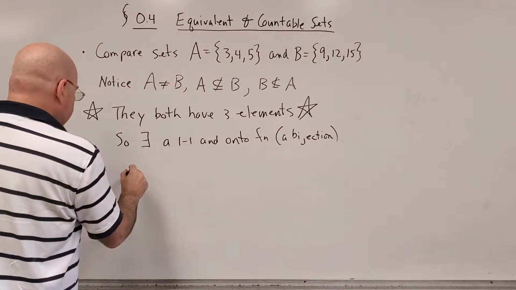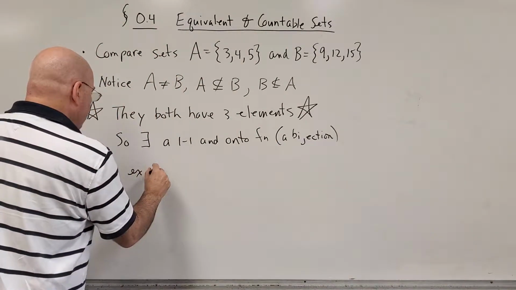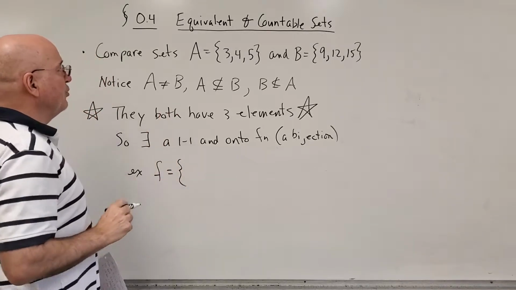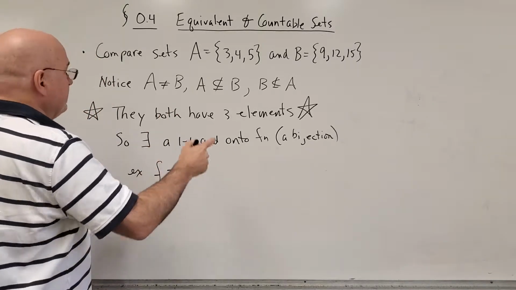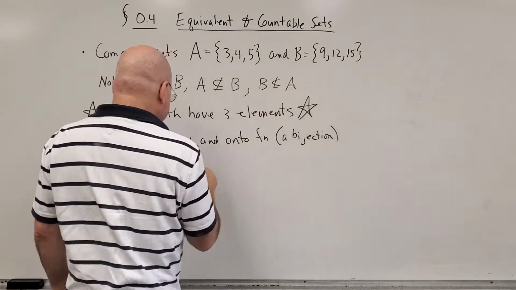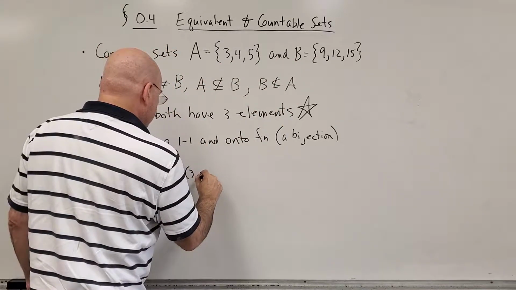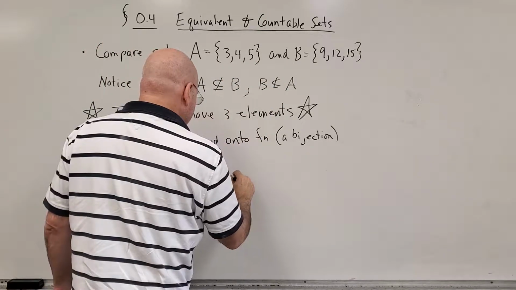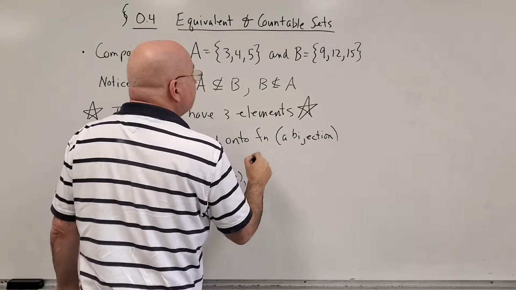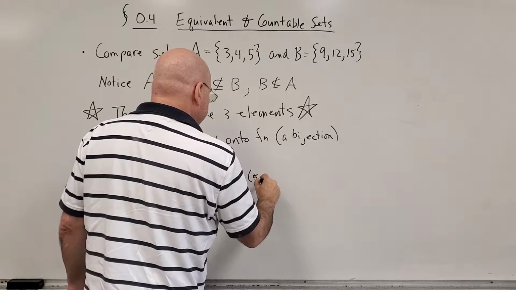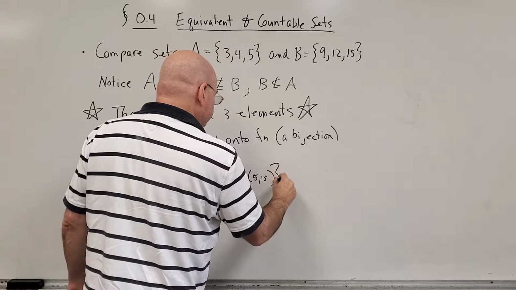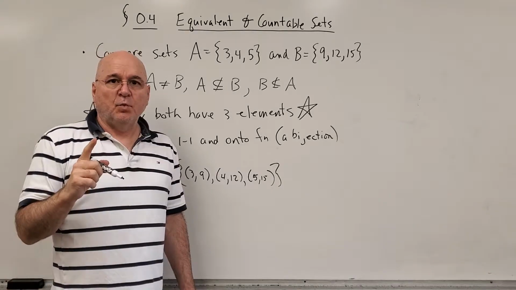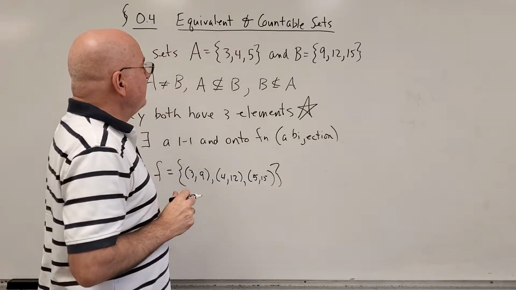And let's give an example. I'm going to define the function f to be the set of ordered pairs that maps 3 to 9, 4 to 12, and then 5 to 15. That is a one-to-one and onto function.